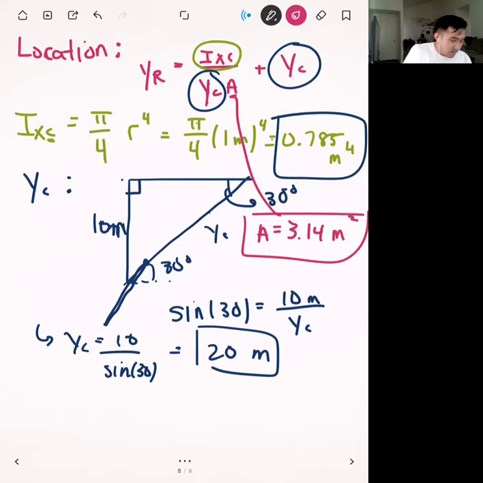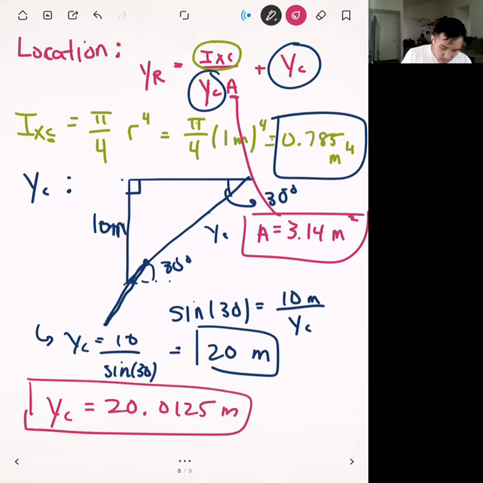Oh, sorry. I had a brain fart for a second. Okay, so 0.785 divided by 20 plus 20 times 3.14, plus 20. Calculator's being weird. We get 20.0125 meters. So it's actually not that much farther.